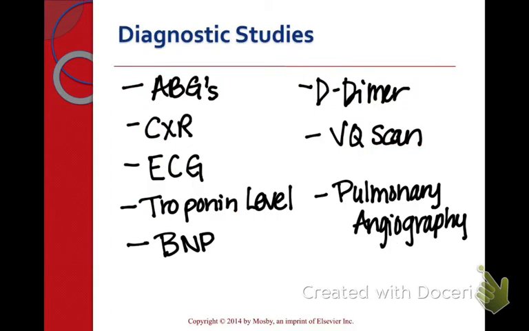How do we figure out what's going on with the patient? Patient comes in with chest pain. Often they'll do the whole cardiac workup, but they'll also do these things because chest pain and shortness of breath could be a PE. So they'll do ABGs.